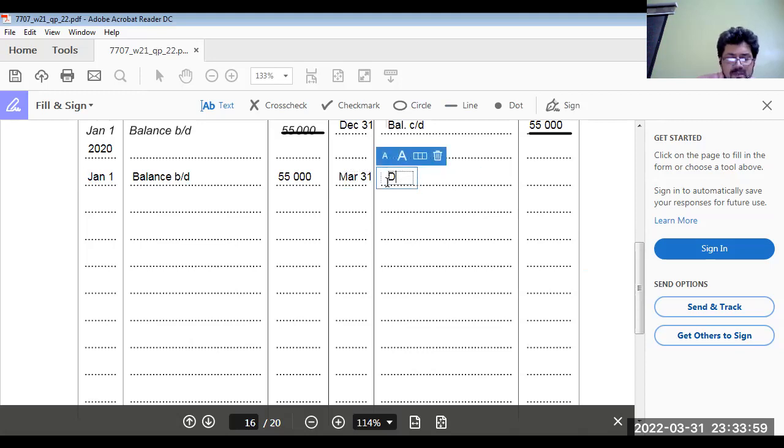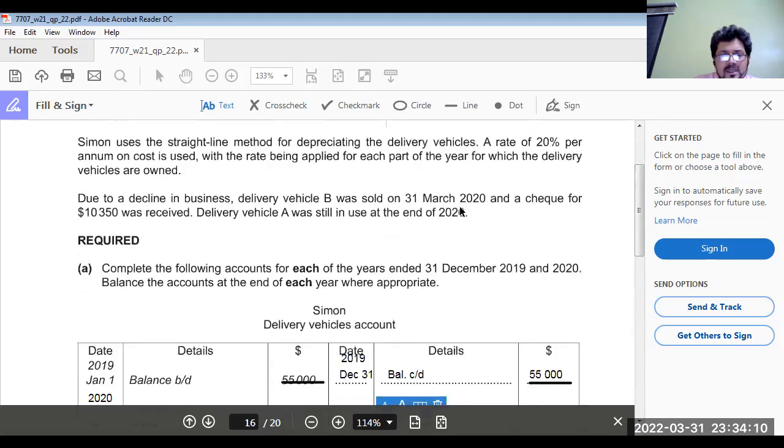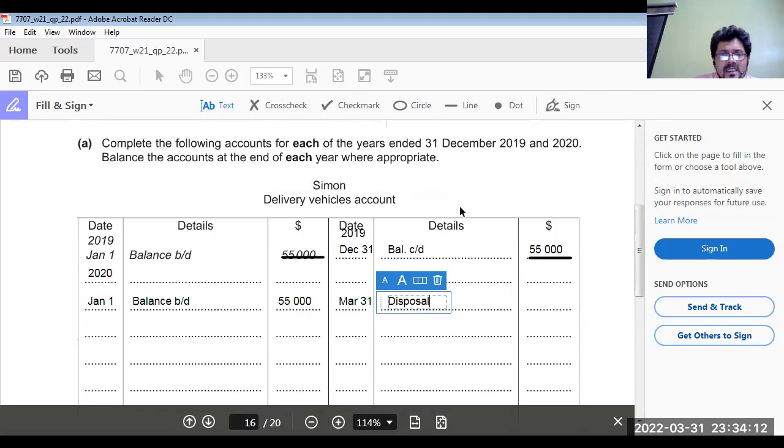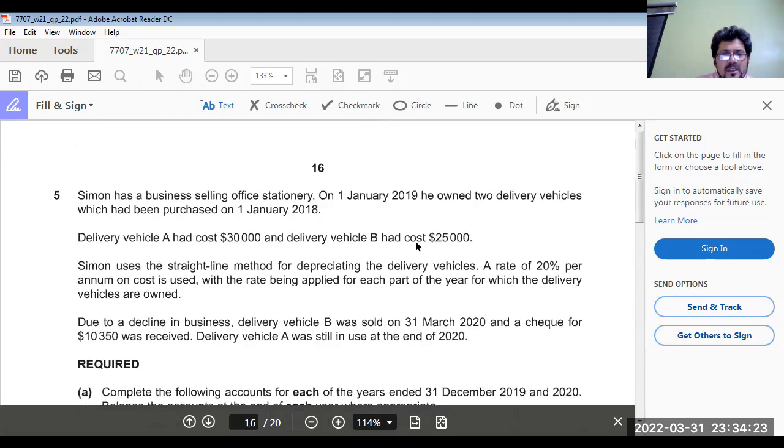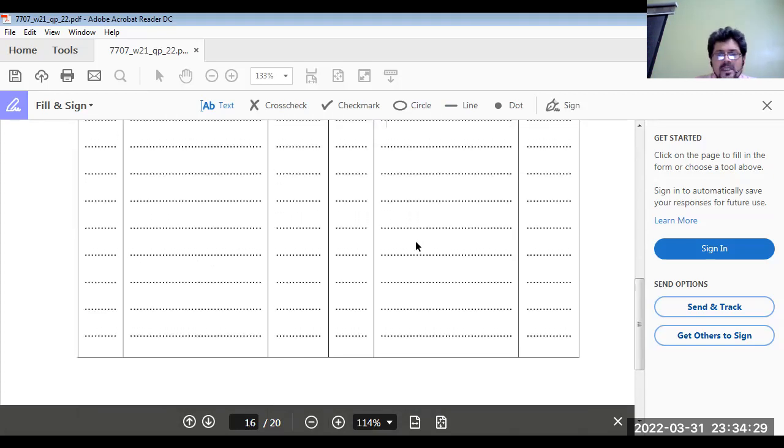So we send this machine to the disposal account. Which machine are we selling? The one we bought on, delivery B will be 25,000. This is 25,000.